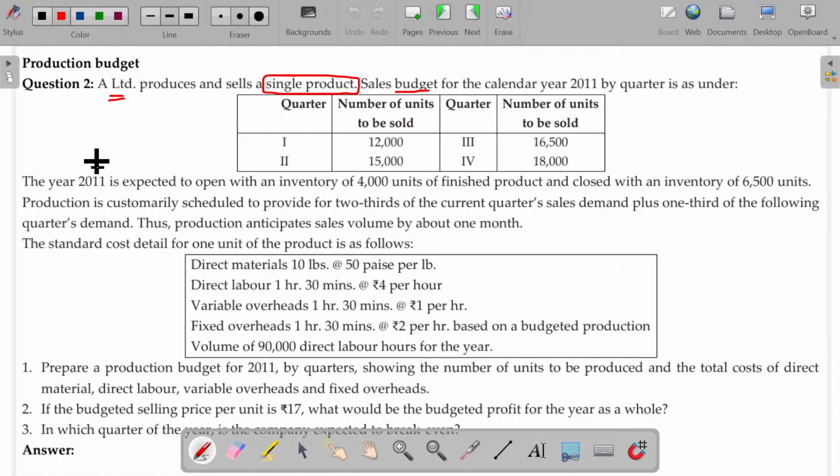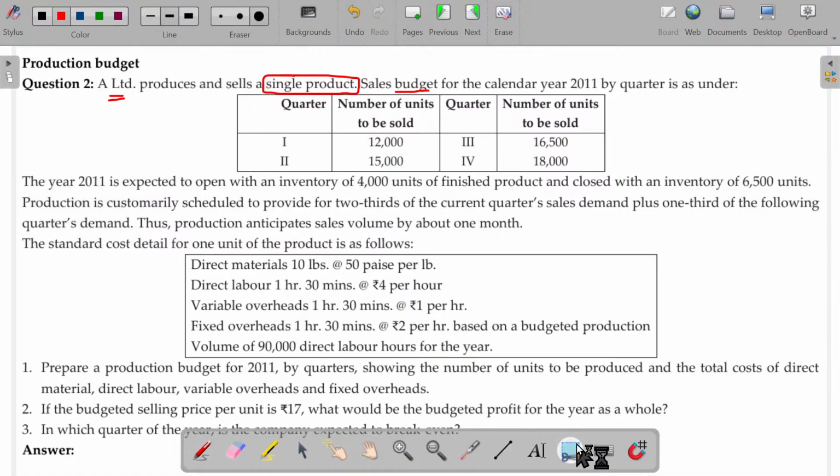The year 2011 is expected to open with an inventory of 4,000 units of finished product and close with an inventory of 6,500 units. Production is customarily scheduled to provide for 2/3 of the current quarter's sales demand plus 1/3 of the following quarter's demand.